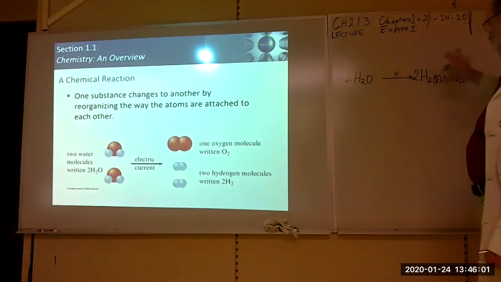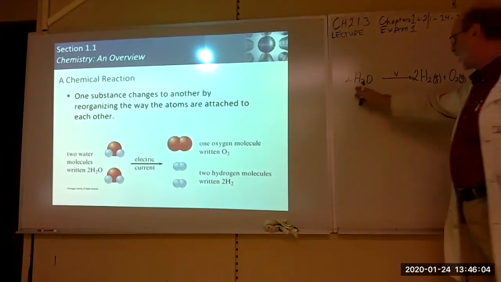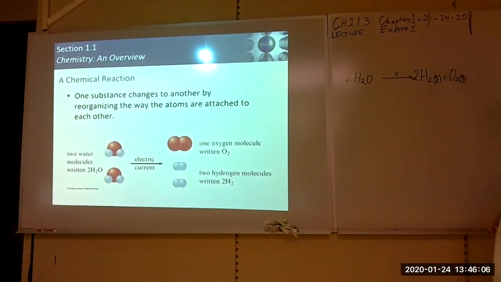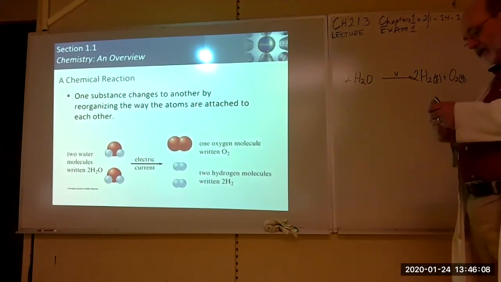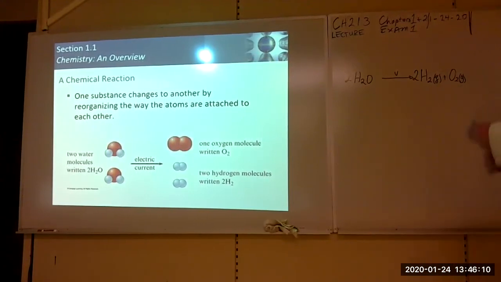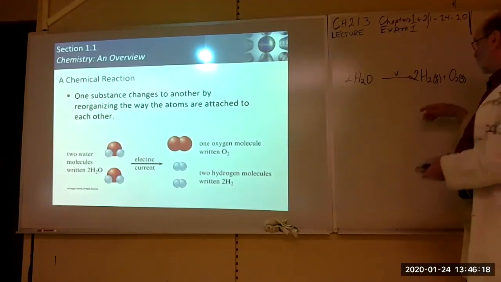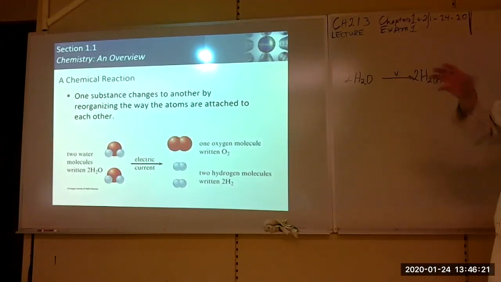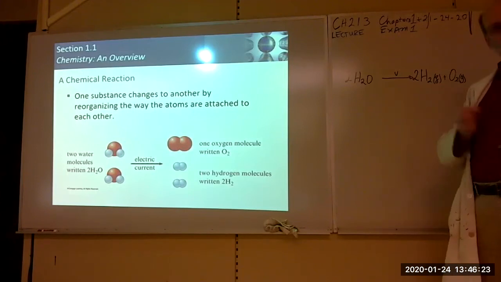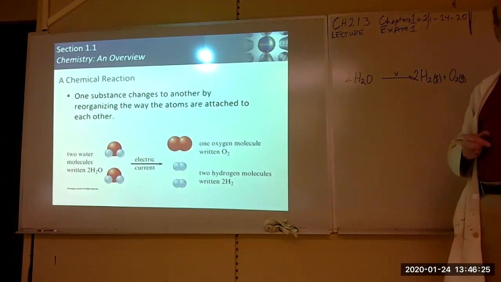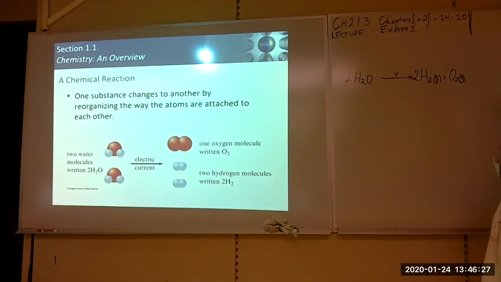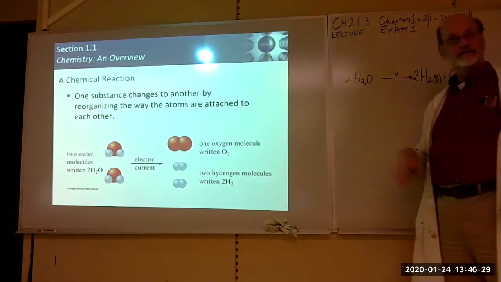So that would be showing a reaction as reactants and products. And notice we wrote these as diatomics. Now, if you turn that around, the reaction can go the other way. If you have hydrogen gas and oxygen gas in a container, and you maybe put a little spark to it, they'll react violently, and the product will be water.